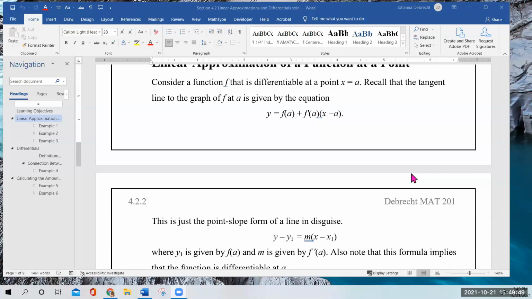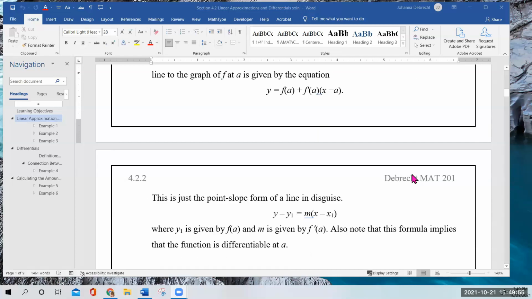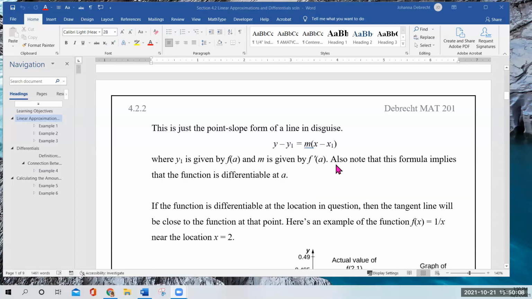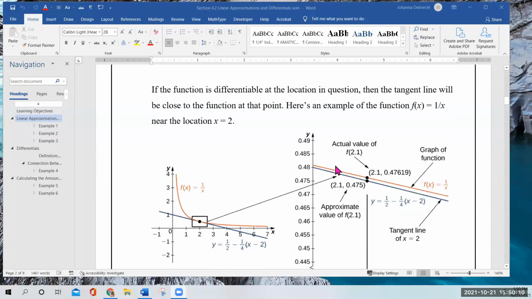Remember that the slope of the tangent line is the derivative at that point. This implies, of course, that the derivative does exist at a since we're using f prime of a. This is the equation of the tangent line to the graph of f at the point a. If the function is differentiable at that location, the tangent line will be close to the function at that point.